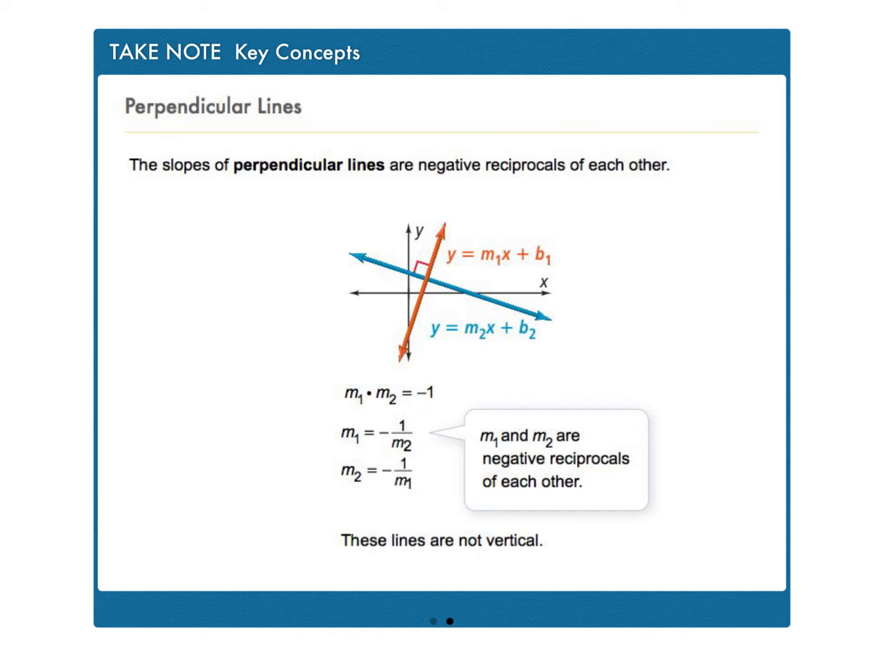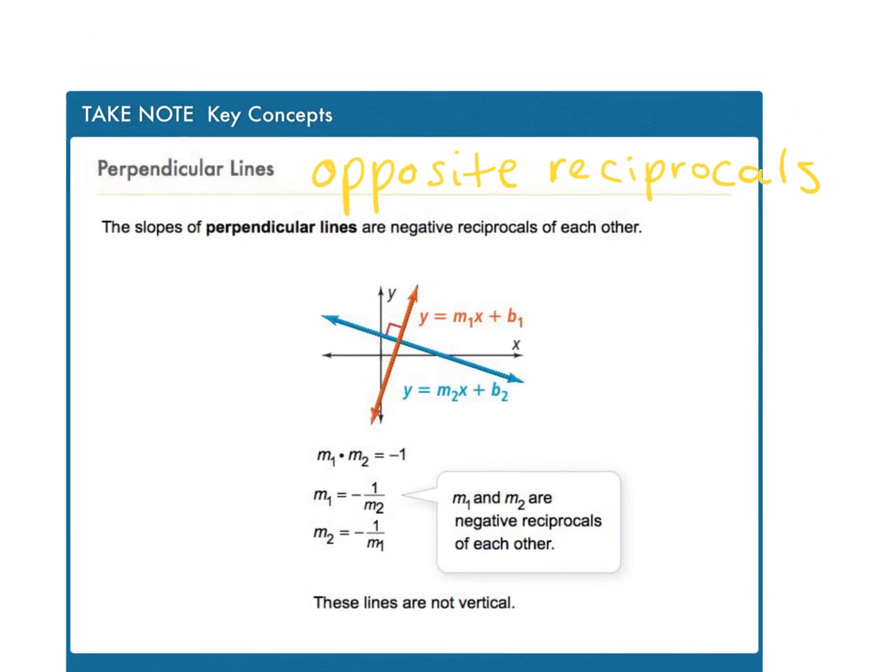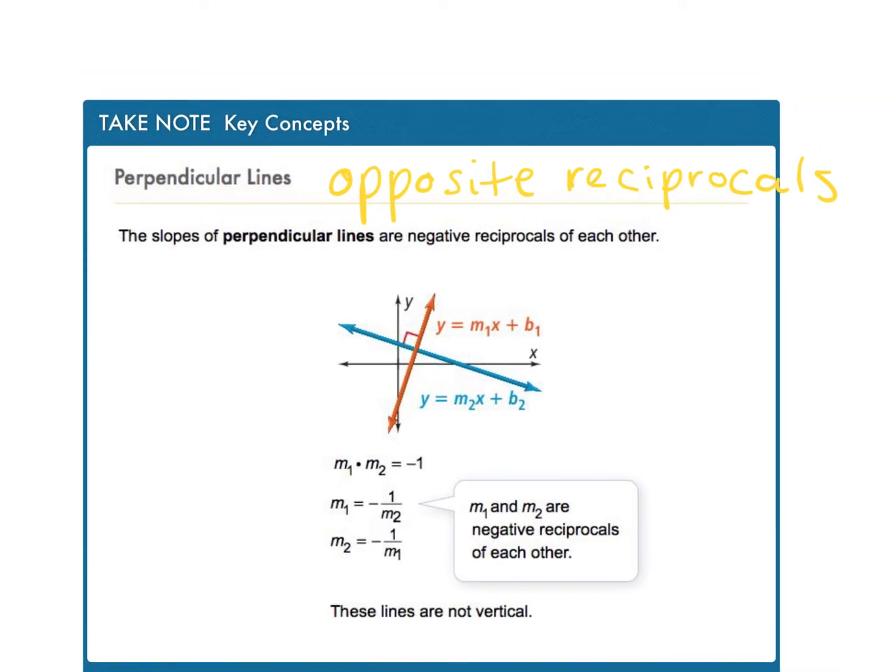Perpendicular lines intersect at a right angle, and perpendicular slopes are opposite reciprocals of each other. So if I had a slope, for example, that was 3/4, the opposite, meaning that the sign changes, so if it's positive, it becomes negative, and reciprocal means that we flip it.